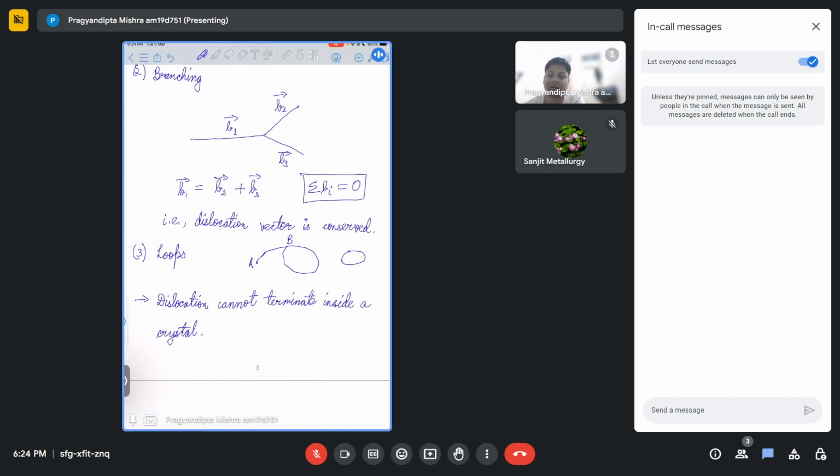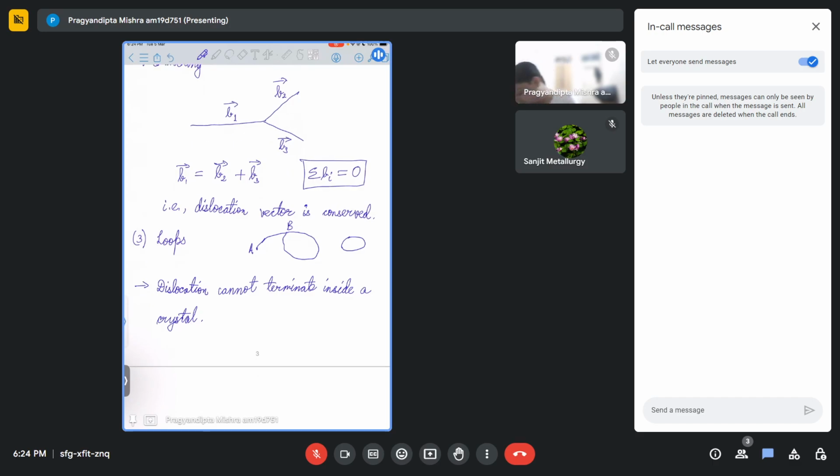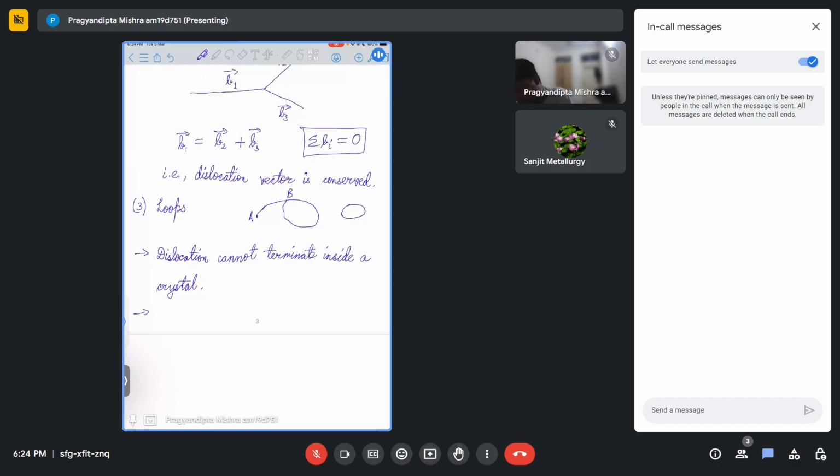One other important thing that I already talked about when discussing branching: the Burgers vector for a given dislocation has to remain constant, irrespective of the orientation of the dislocation.